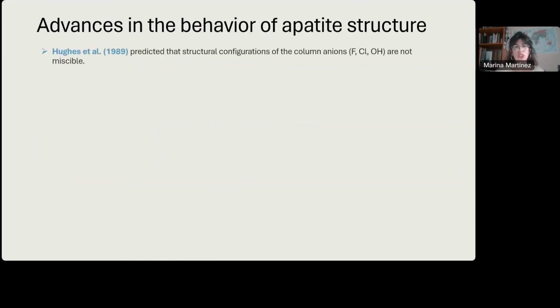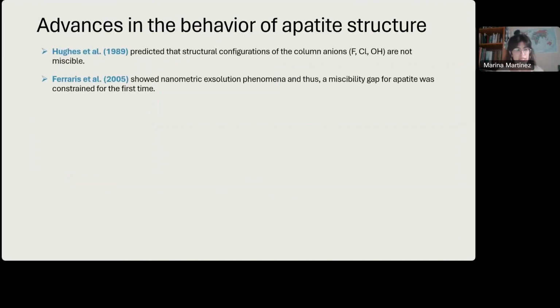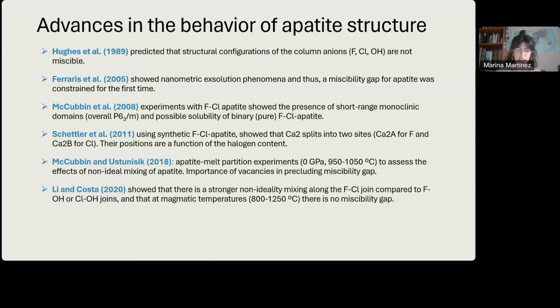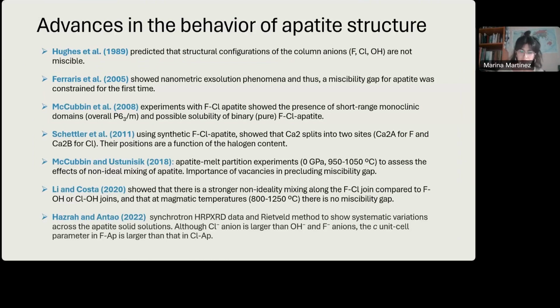basically what I wanted to show here is that there have been many studies. I don't want to go into the details of every study, but I wanted to highlight the contribution these studies made to understanding apatite structure.